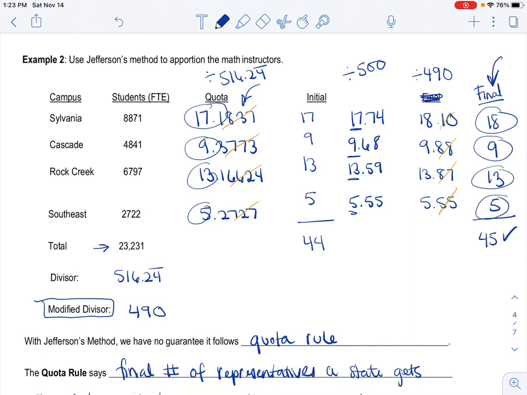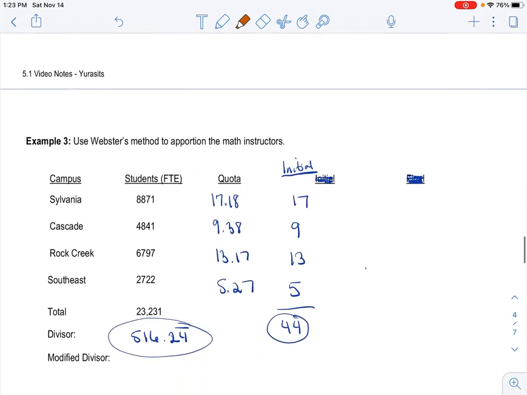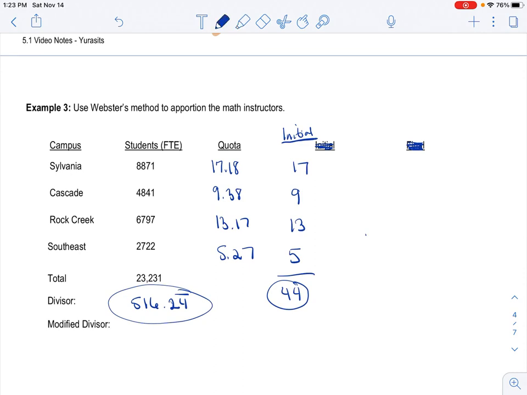If we used 490 again, just because we did all this work, using the rules of rounding, this would go up to 18, this would go up to 10, this would go up to 14, this would go up to 6, and we have way too many. So that means, and we're lucky because we've already done the work here, that my modified divisor has to be between 490 and 516.